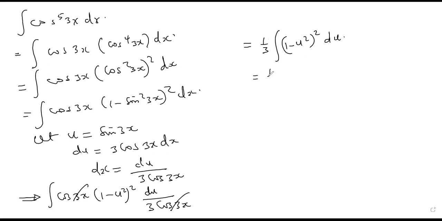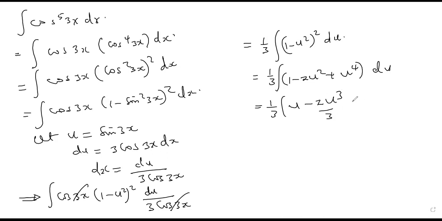This is going to be equal to a third integral of, if we expand this, 1 minus 2u squared, of course, plus u power 4, then du, which is the same as a third. When you integrate 1, you get u, and there you get minus 2u cubed over 3, then plus u power 5 over 5, of course, then plus a constant of integration c.